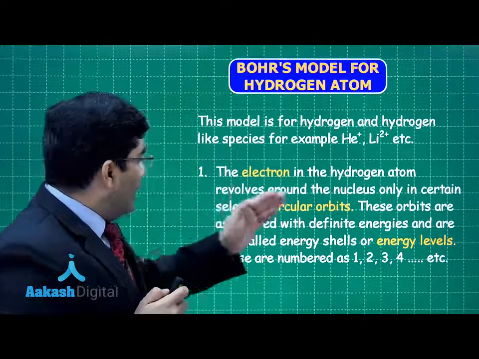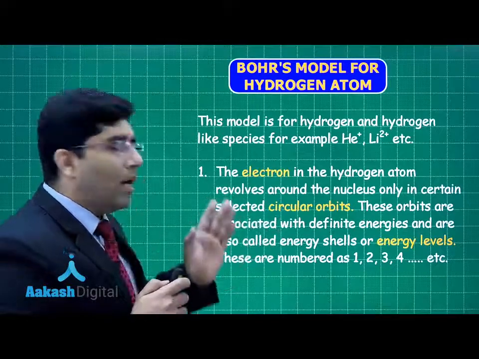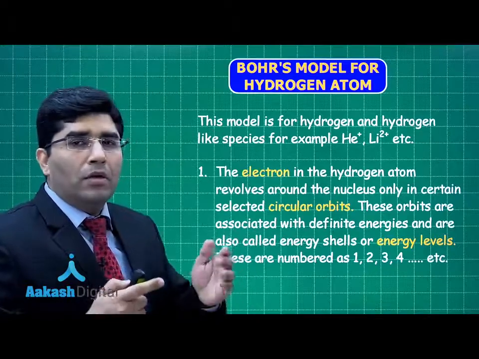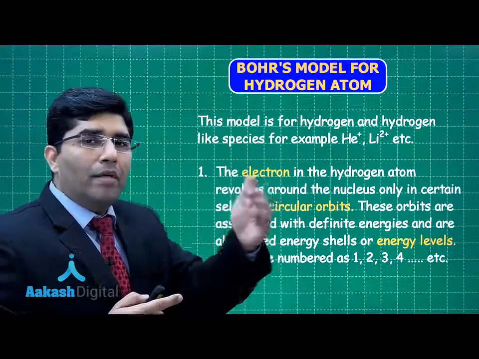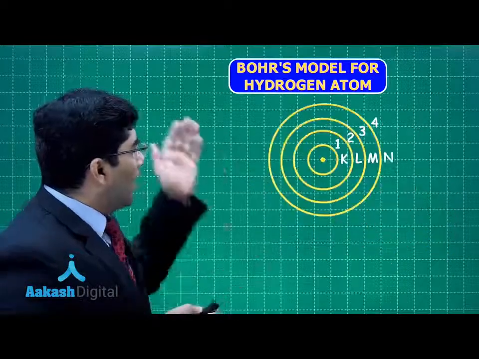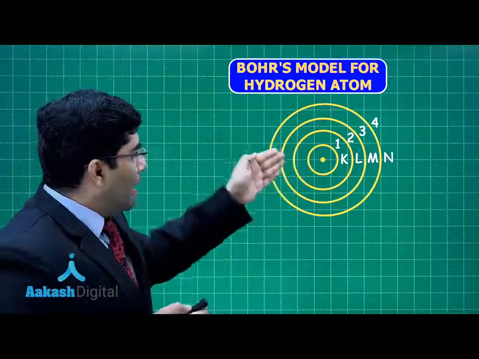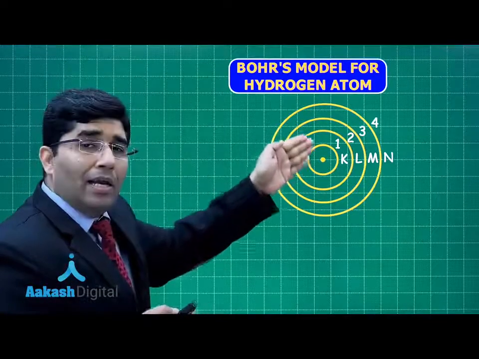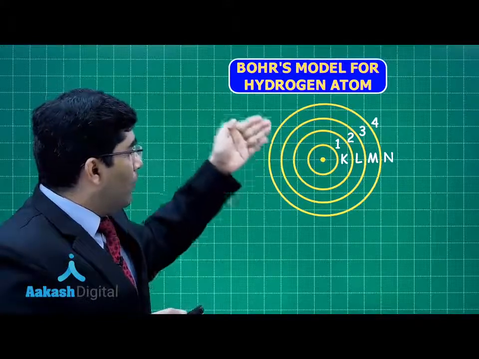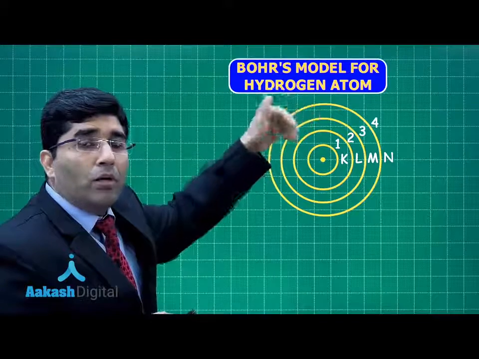And these energy levels are called shells, numbered 1, 2, 3, 4, and we will call them first orbit, second orbit, third orbit, fourth orbit. It looks something like this: K, L, M, N, K shell, L shell, M shell and N shell. More precisely, we say first orbit, second orbit, third orbit, fourth orbit.